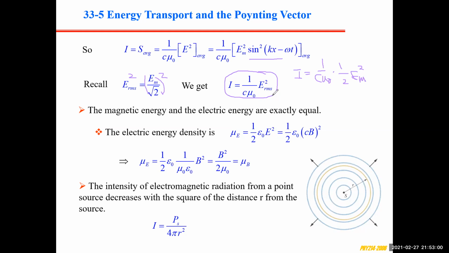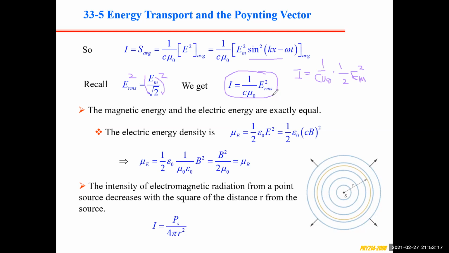A capacitor is the device that stores electrical energy, and the inductor is the device that stores magnetic energy. So energy can be stored in the form of electric field or magnetic field.